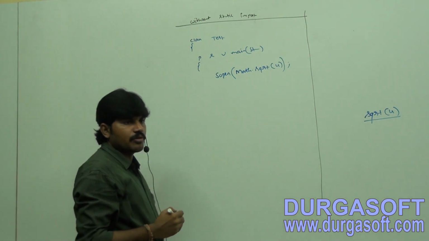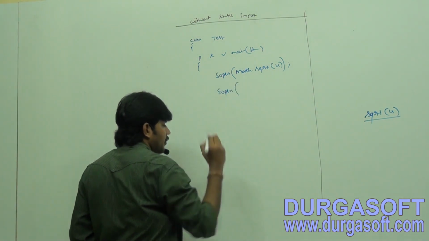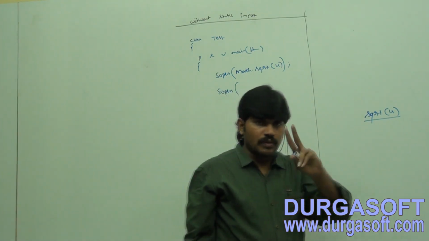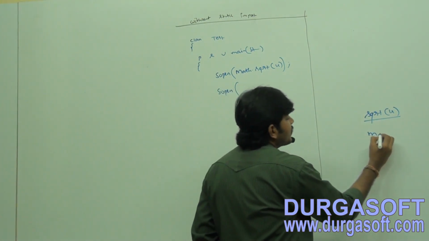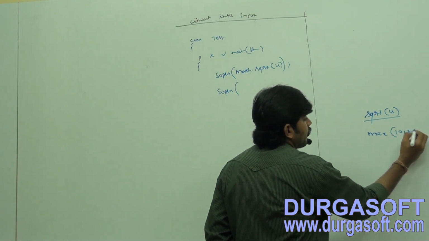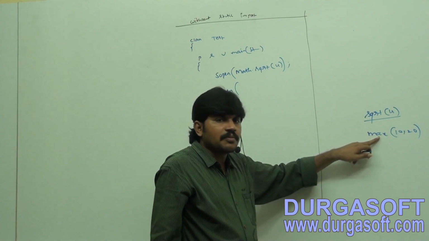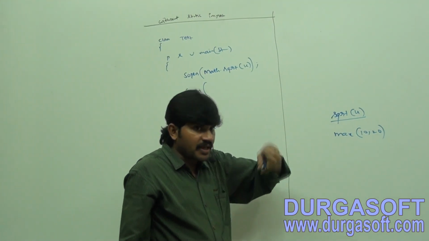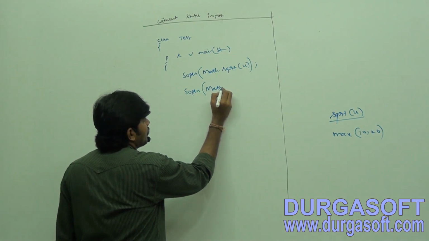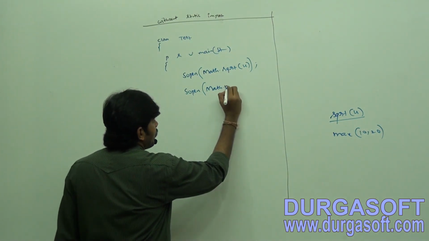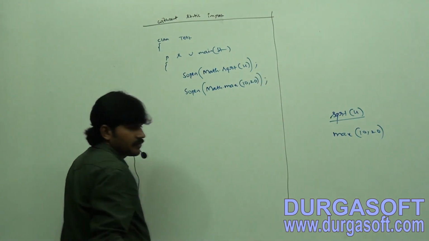I want to find the maximum of 2 numbers, max of 10, 20. Do you know where the max method is present? In the Math class only. It is also a static method. Math.max of 10, 20.